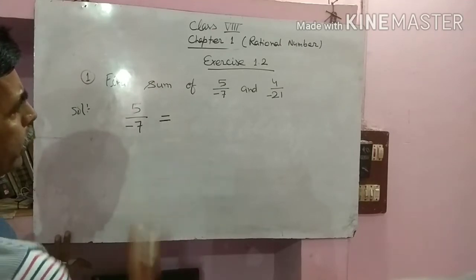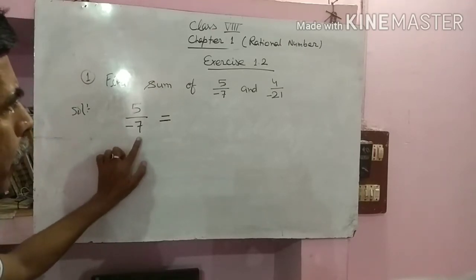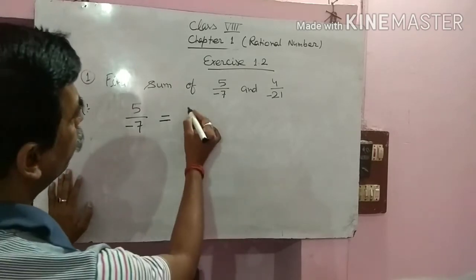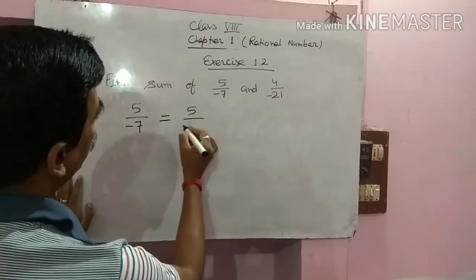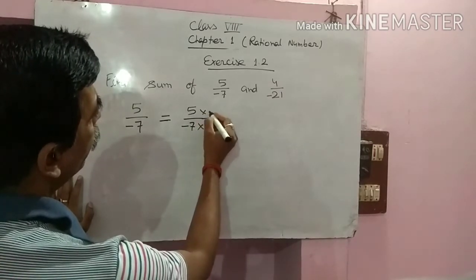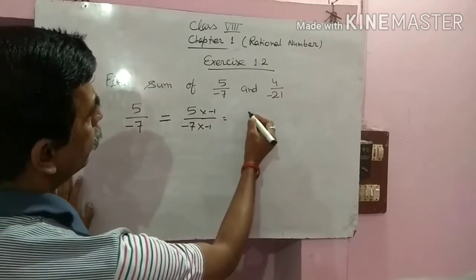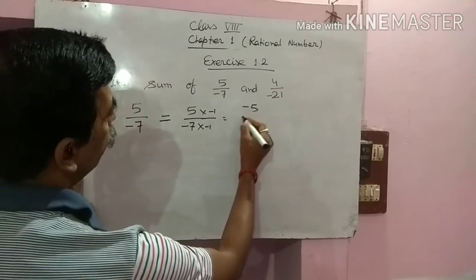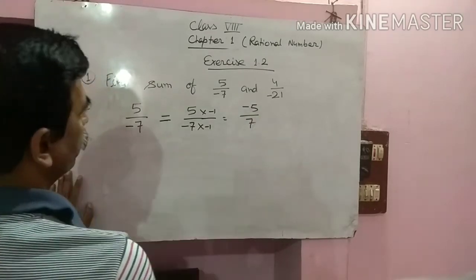Standard form means the denominator should be positive. So to make it positive, we multiply numerator and denominator by minus 1, and it becomes minus 5 by 7.